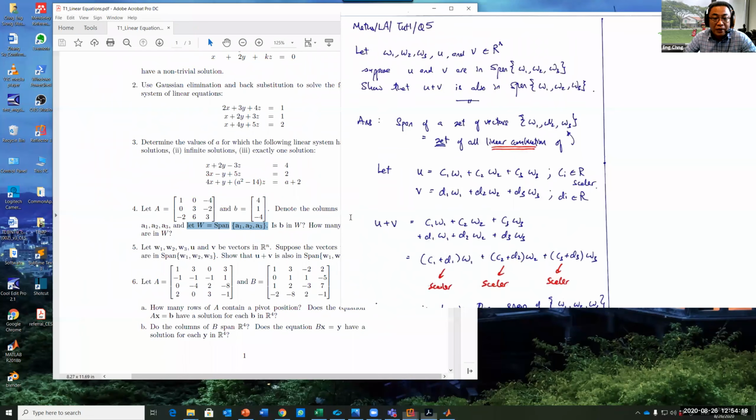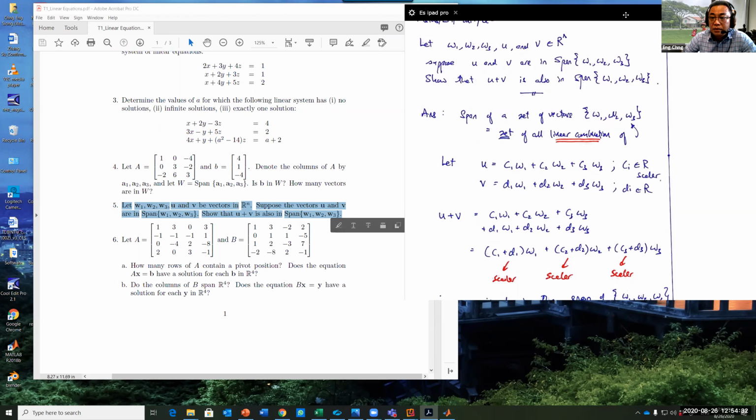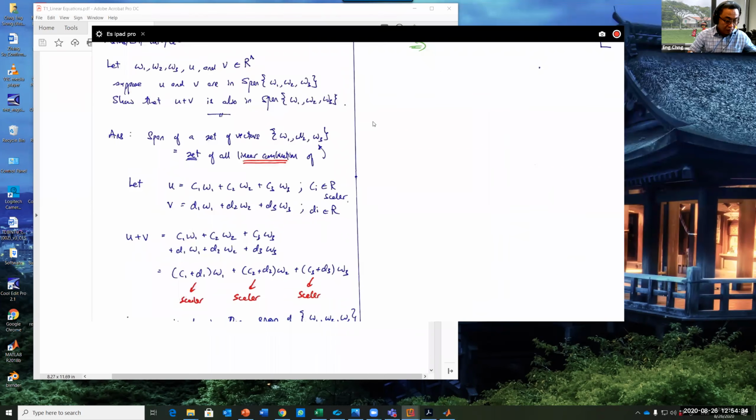Now the question 5 is this. We have 3 vectors, W1, W2, W3, and U and V vectors in Rn. Now what does Rn mean here? So let's introduce some notation.